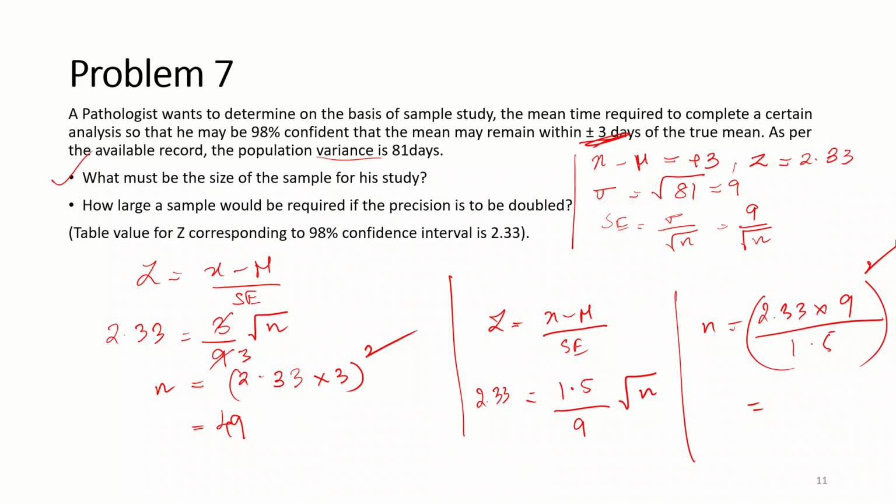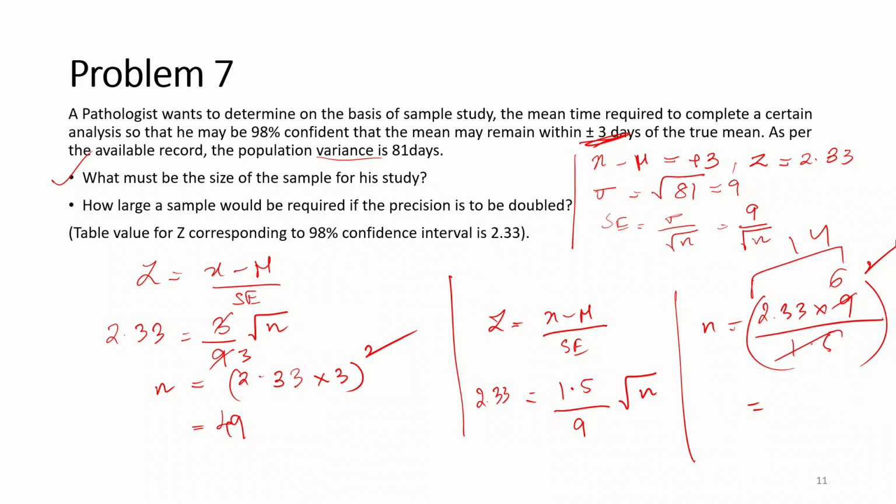Okay. So basically I think it is 6. So 2.33 into 6 will come around 14.